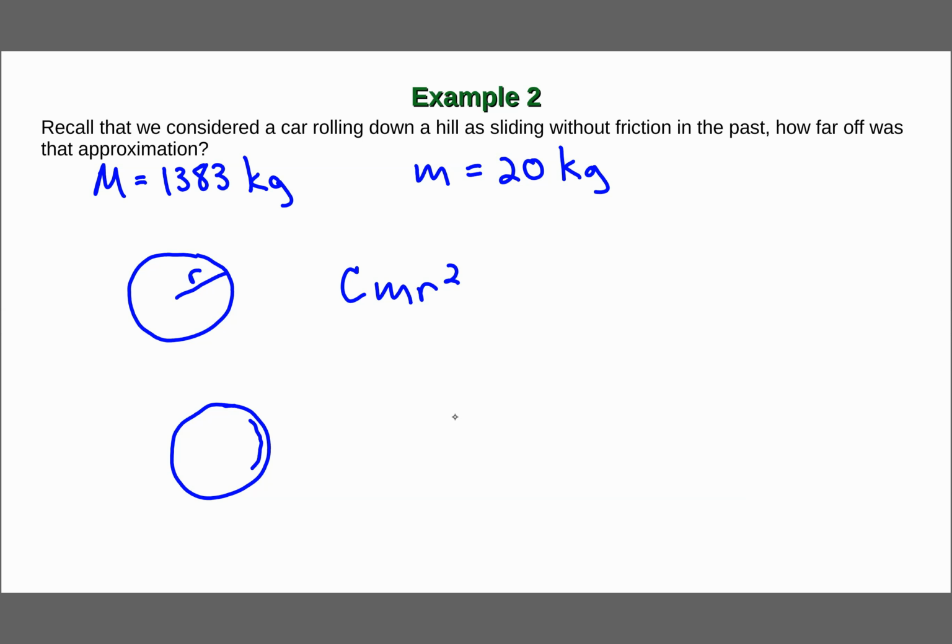But if we have a really thin ring like this, then we approximate it as an infinitely thin ring, and we say that this C is 1. So we just have m r squared. And that's kind of a worst case scenario for moment of inertia, and that's what we're going to use for the wheels. So assuming that the wheels have all the mass around the edges, and that's not bad for a car wheel.